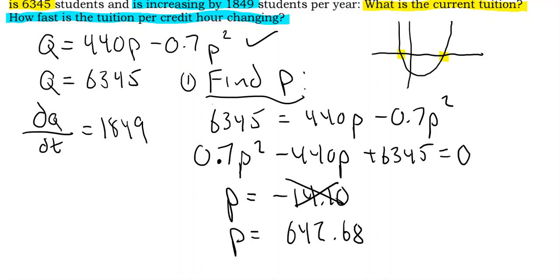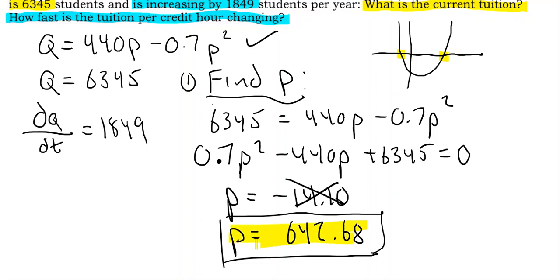Usually there's going to be one answer that you want, and the other one, thinking about it logically, can be disregarded. So the price, the tuition, is $642.68 per credit hour. This is your tuition per credit hour.